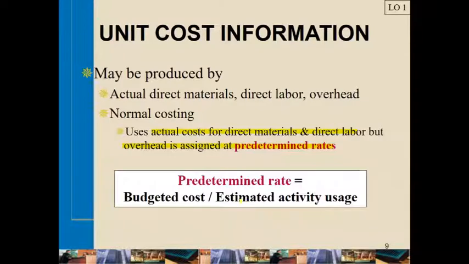So the denominator will vary depending on your cost driver, meaning the activity usage of your cost driver. So it can be your direct labor hours, it can be your machine hours. So it varies depending on the specific overhead cost involved. So for example, let's say electricity, where the budgeted cost is let's say 100,000.